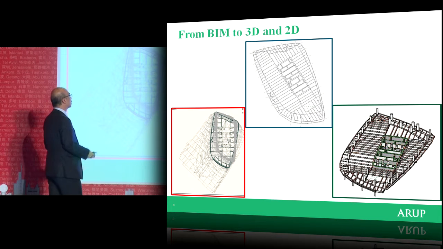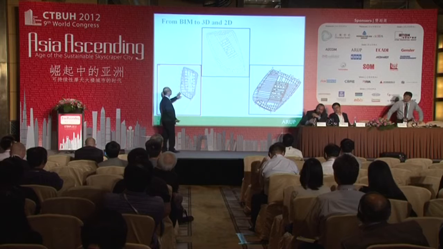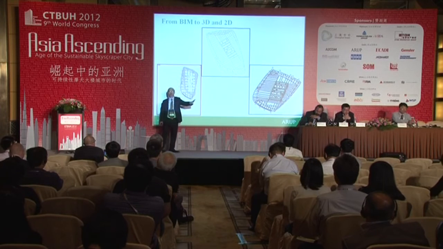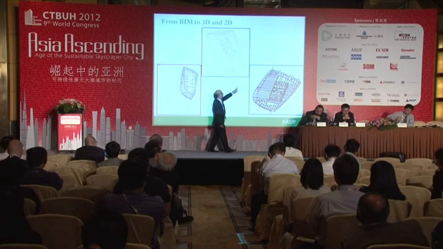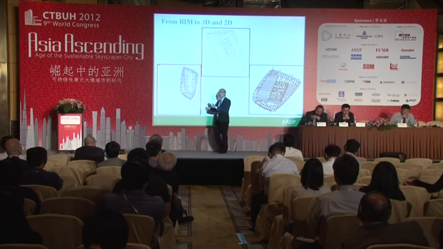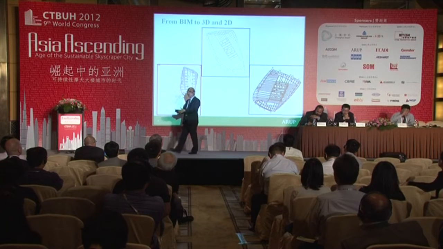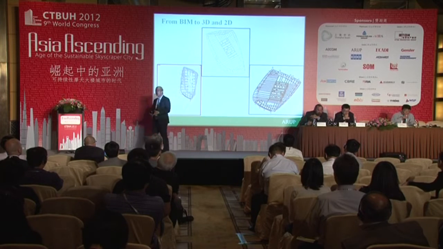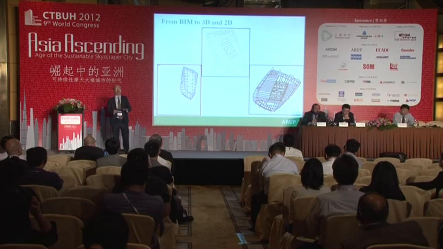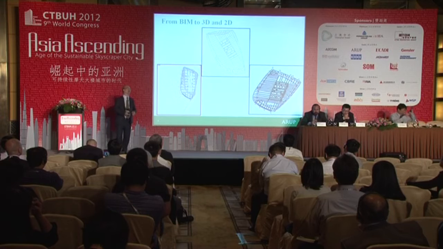But you can see they are different models. They're not 100% compatible, right? There's a lot of issues like in the corner, and how accurate the BIM model is, and the BIM model may or may not be able to generate exactly the 2D drawing that we are looking for.